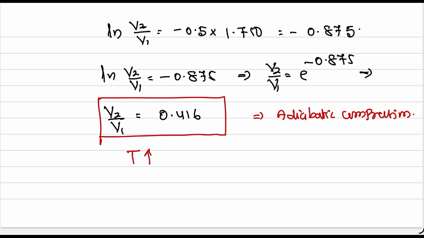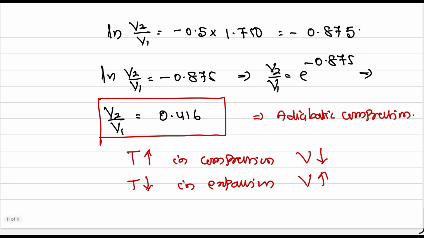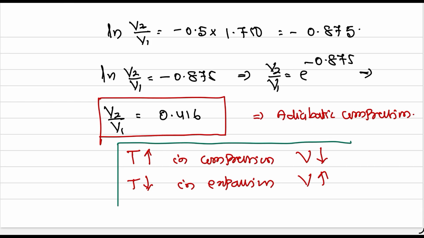T increases in compression, V decreases. T decreases in expansion and V increases in expansion. These two concepts, please remember, any objective type question can also come on the basis of these concepts.